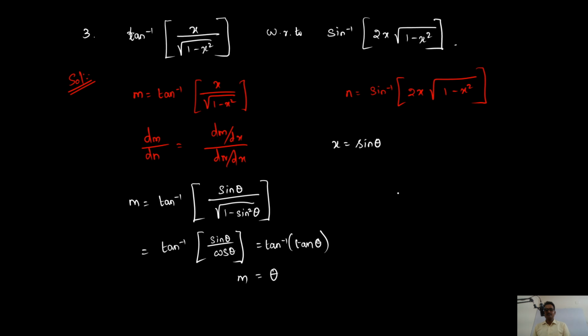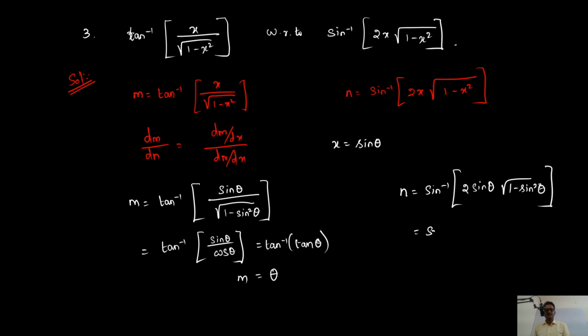And n also we will express in terms of theta. n is equal to sine inverse of 2 into sine theta square root of 1 minus sine square theta.